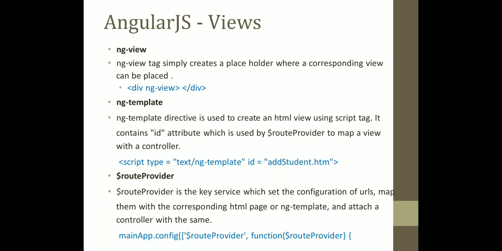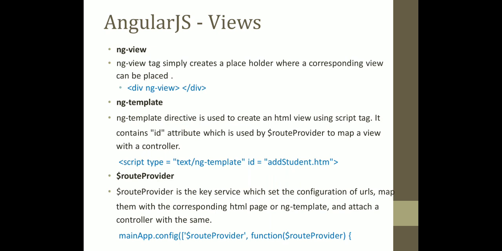Okay. Then second is the ngTemplate directive. The ngTemplate directive is used to create an HTML view using a script tag. It contains an ID attribute which is used by $routeProvider to map a view with a controller. Okay.